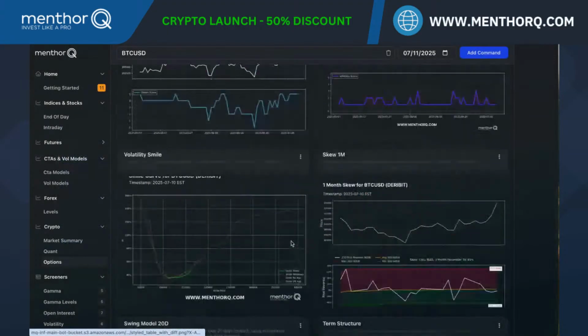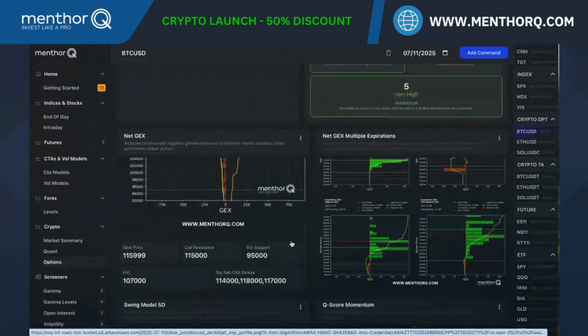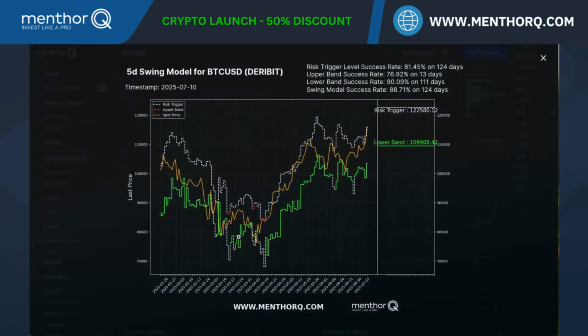So there's a lot of different tools. And then very exciting is also our swing trading model for the crypto as well. This can give you a good idea whether you are day trading or just an investor, on where the price could be and what are the levels that I should be paying attention to over the next 5 and 20 days.